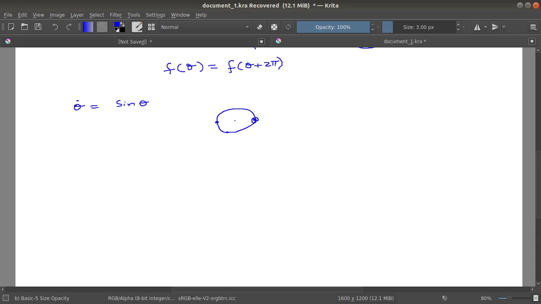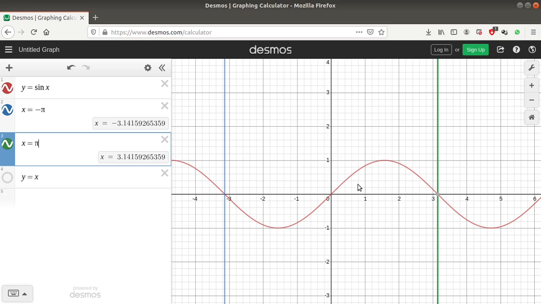And this one, is it stable or unstable? Let's check that in the picture. If you see here, it's going towards this point, and if you see here, this is also going towards the same point.